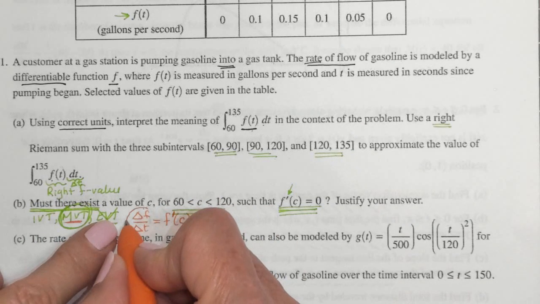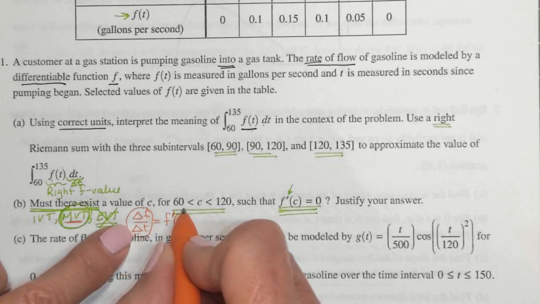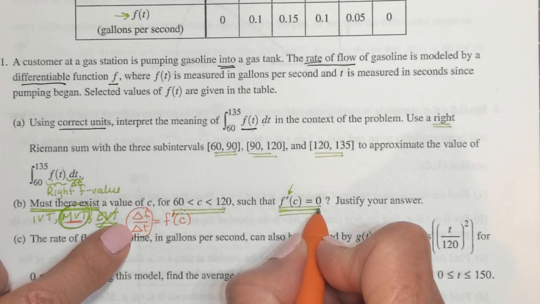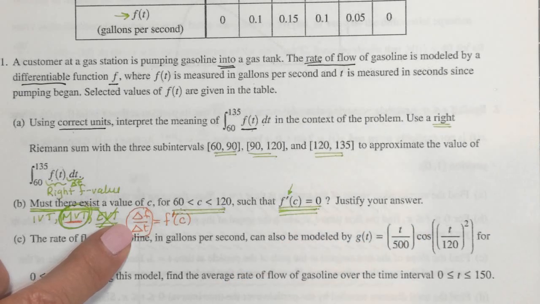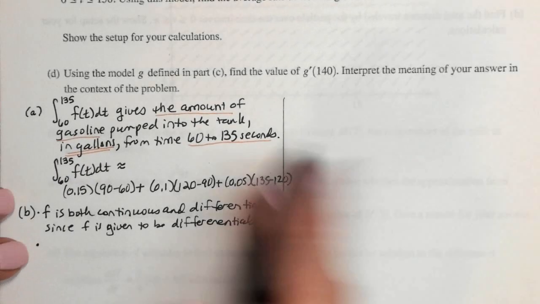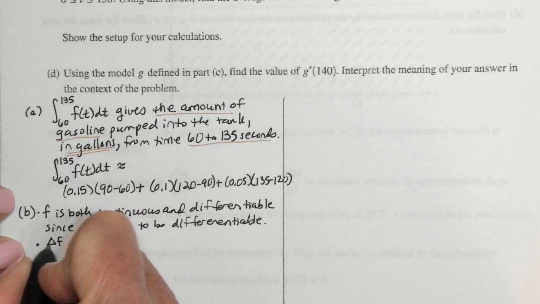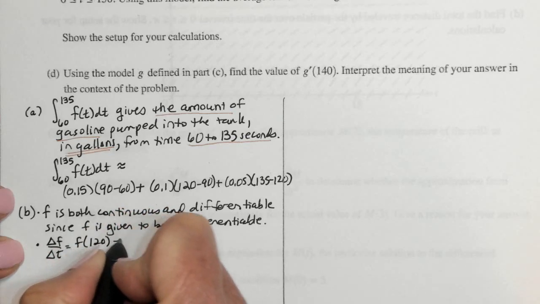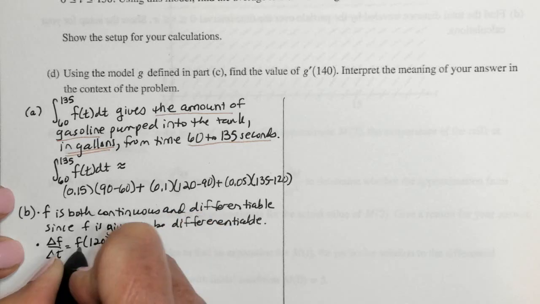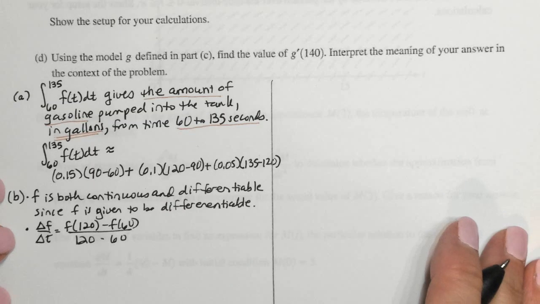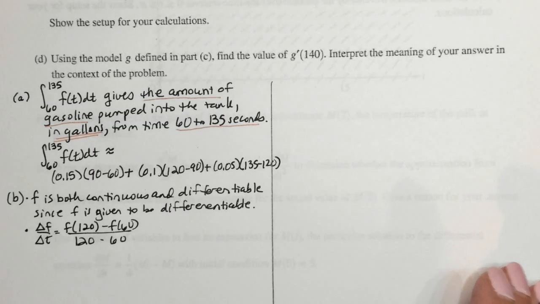So I want to find change in f over change in t over this time interval, and hopefully that's going to be 0. Otherwise, I may have to go in and find a time interval in between 60 and 120 where that's true. But I always first start with what they give me. f of 120 minus f of 60 over 120 minus 60. We have to be able to say that that is 0 or some in-between time interval is 0.